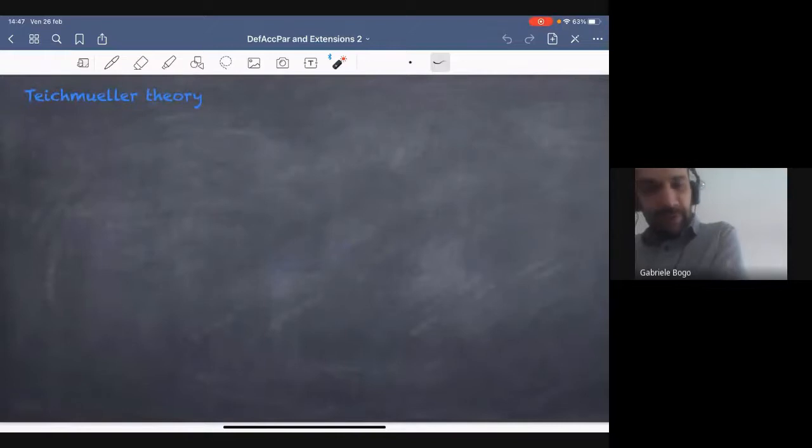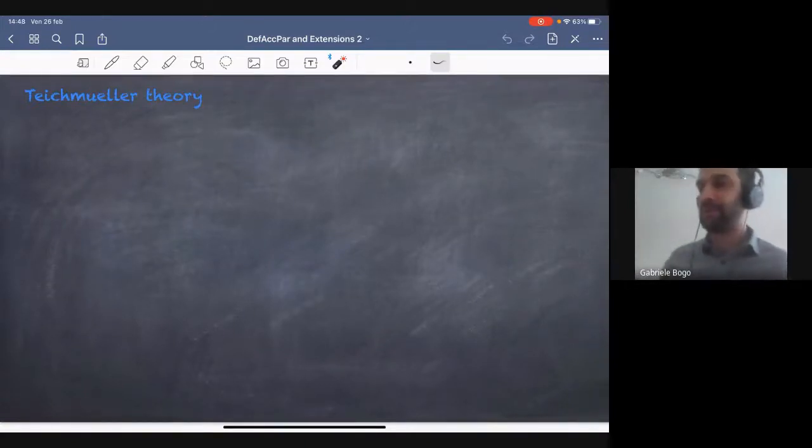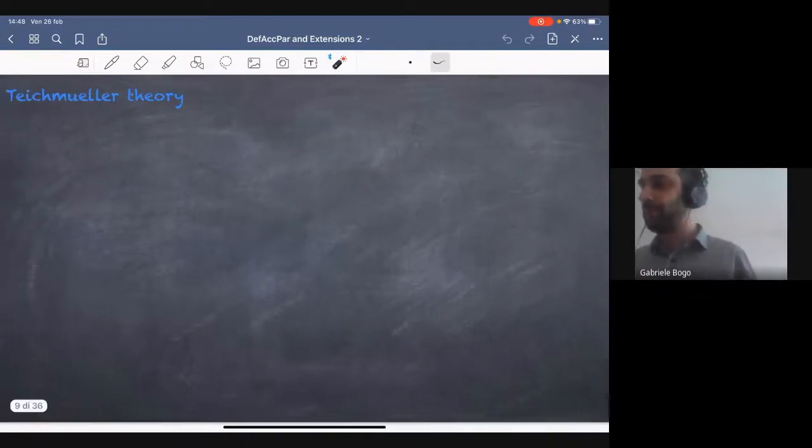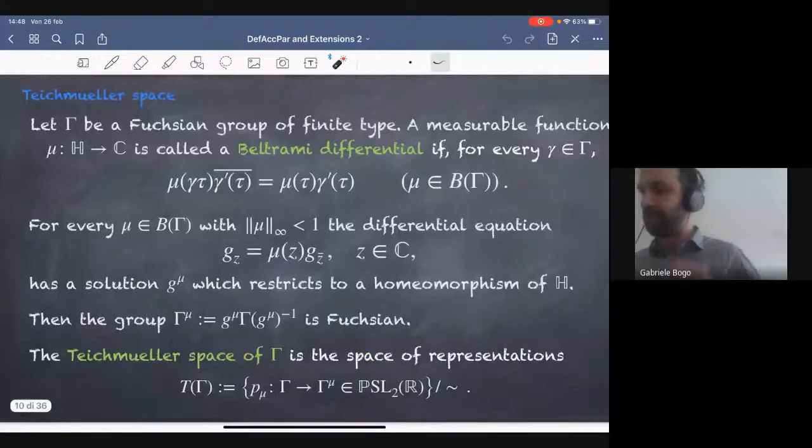In the title of the talk, I wrote deformation of Riemann surfaces, and I want to make this precise now, from the geometric point of view. Before attacking the problem that I presented, I want to spend a few words on how to make rigorous the connection with the deformation of Riemann surfaces. The correct way to do it is to speak about Teichmüller theory.